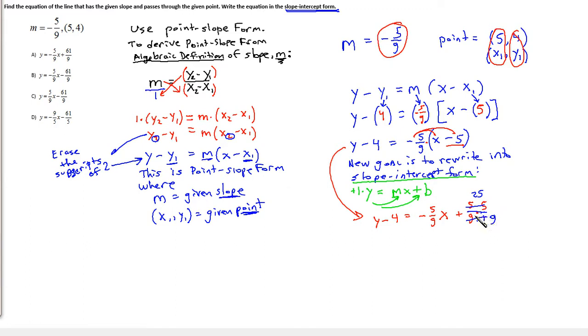Next, if we clean this up a little bit, we have y minus 4 equals negative 5/9 x plus 25/9. The only thing left to do to get it into slope-intercept form is to add 4.